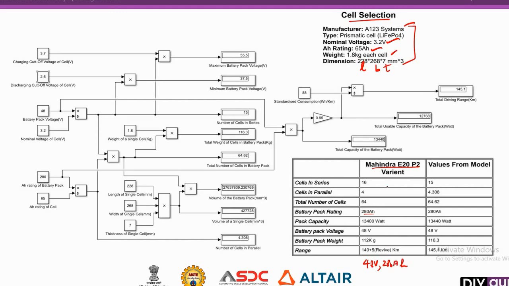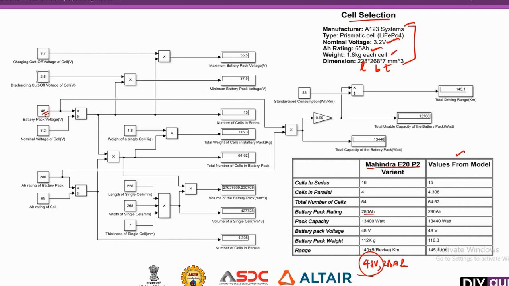We are going to model and check whether our model is nearer or equivalent to the Mahindra E20P2 variant model. This is the modeling done in MATLAB Simulink. First of all, considering the voltage, we have 48 volt. We require 48 volt; this is the total voltage.